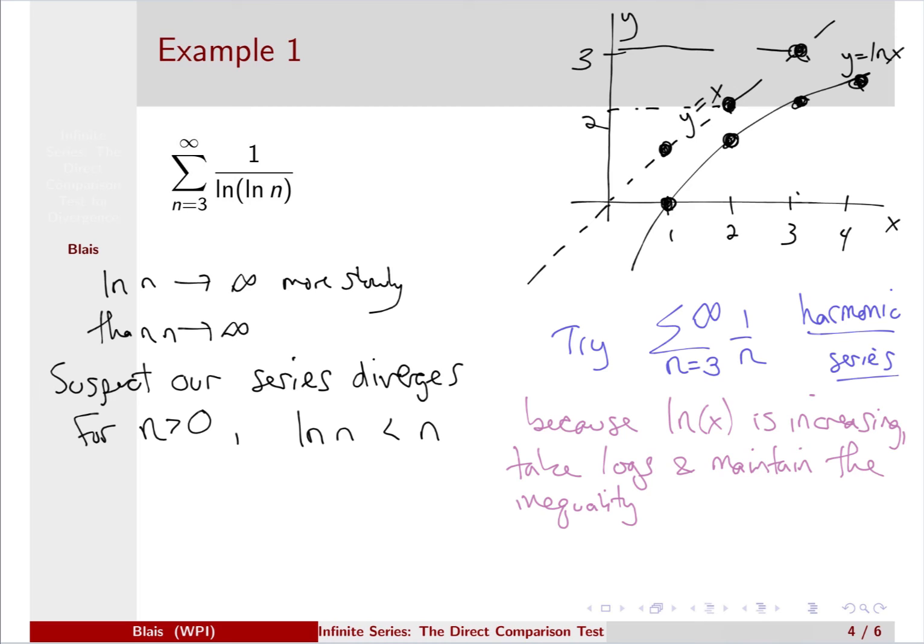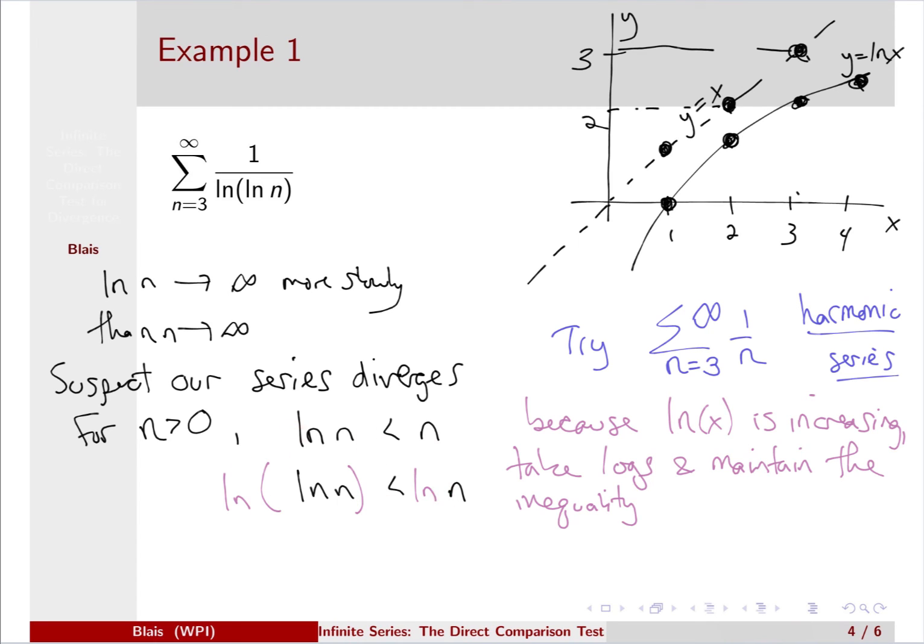So the natural log of natural log n is less than the natural log of n. So all we've done is take natural log of both sides here.